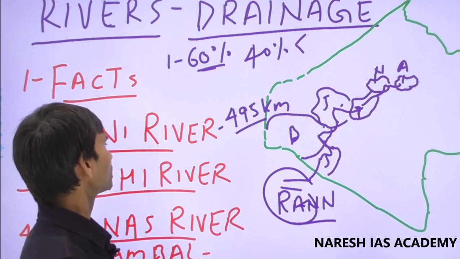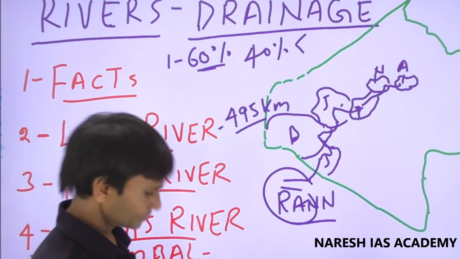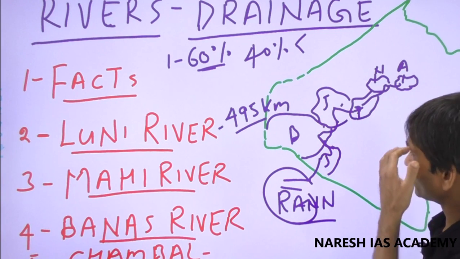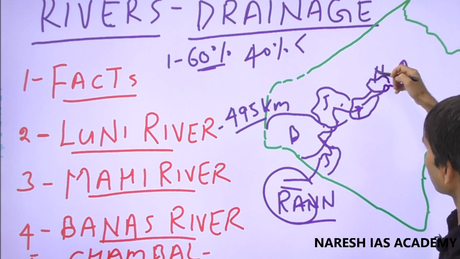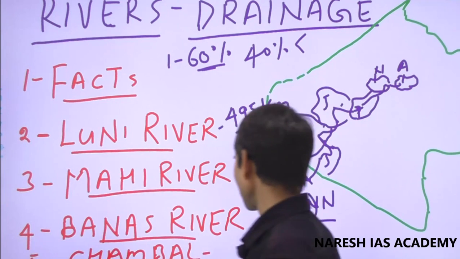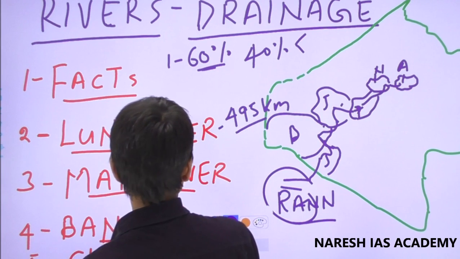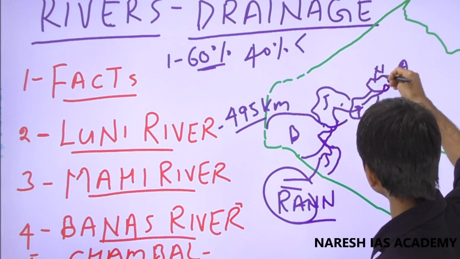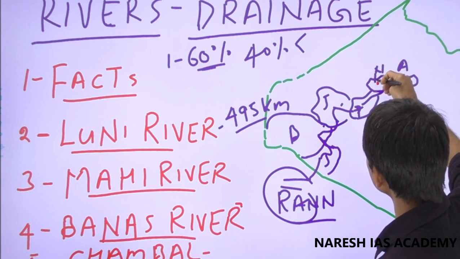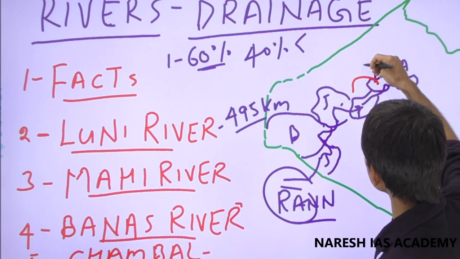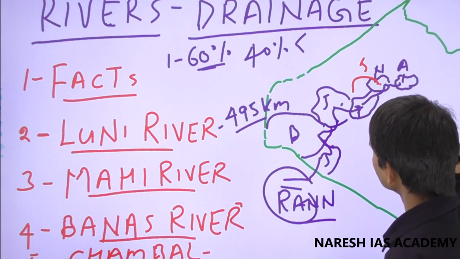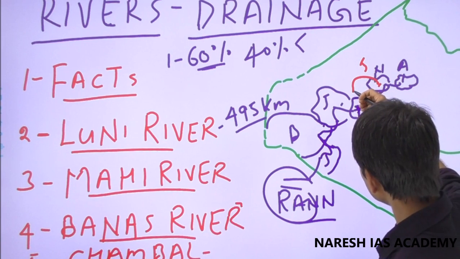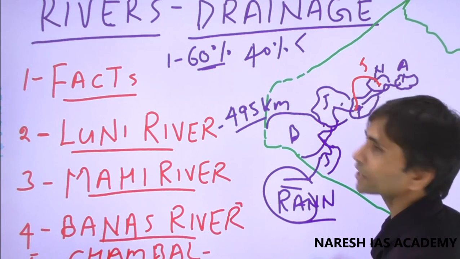Now what are the tributaries of the Luni river? There are right bank and left bank tributaries. This is the only right bank tributary of the Luni river, the Jojdi river. The Jojdi river originates from the Nagaur district and joins the Luni river.